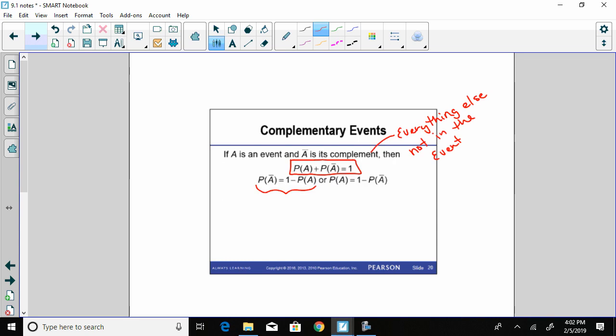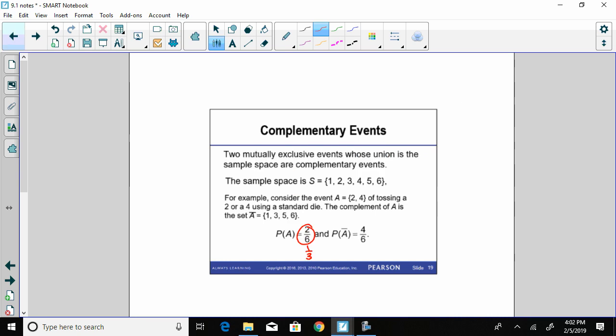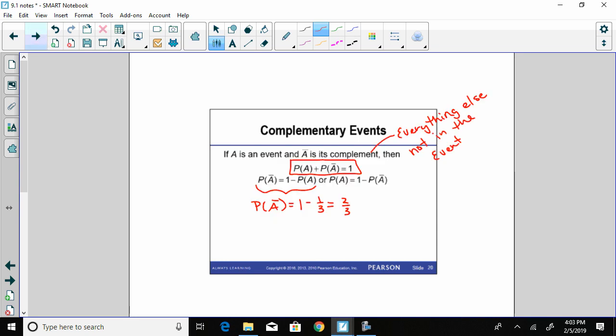If I said, because I had no idea what it was, and I'm like, what's the probability of the complement of A, right? 1 minus 1/3 would give me 2/3. And if you look, if I scroll back again, 4/6 is the same as 2/3, right? So those two things, you guys follow, are going to work together. So if I know one, I automatically can find the other by subtracting it from 1.